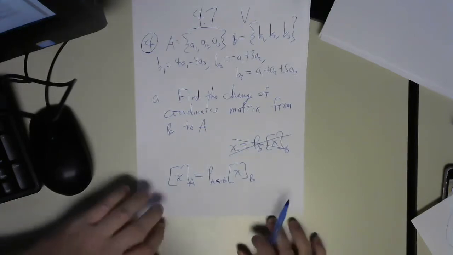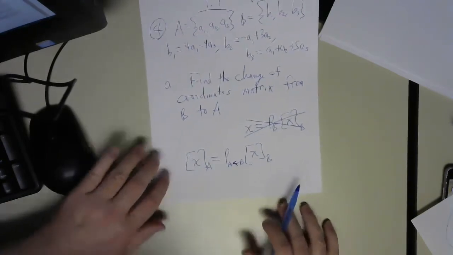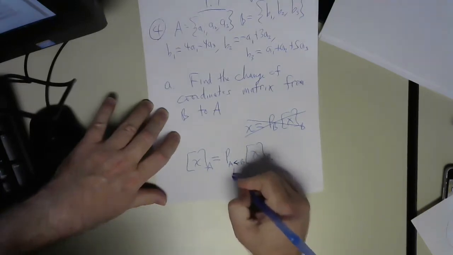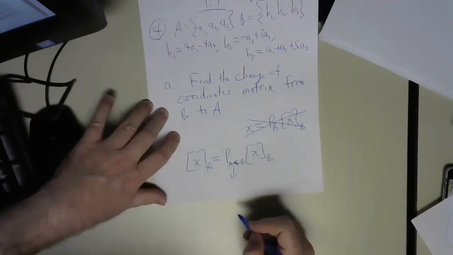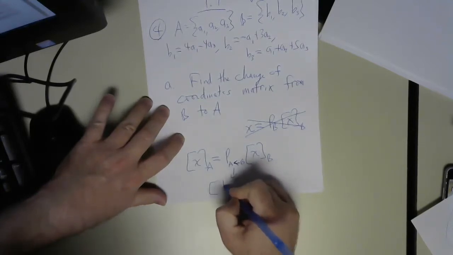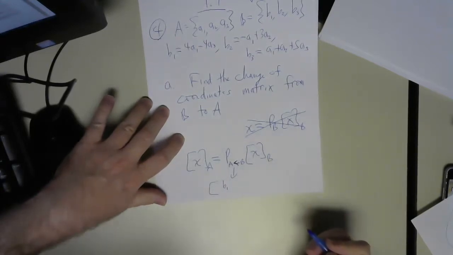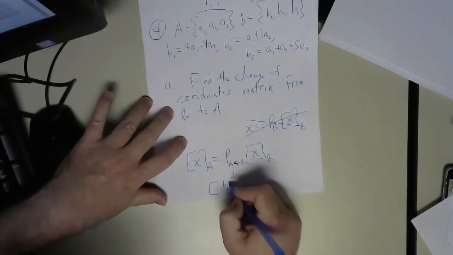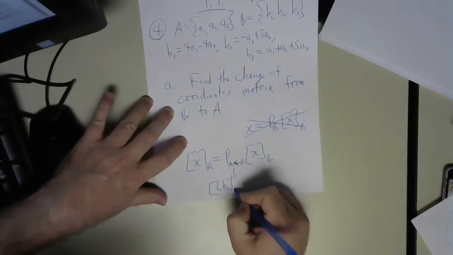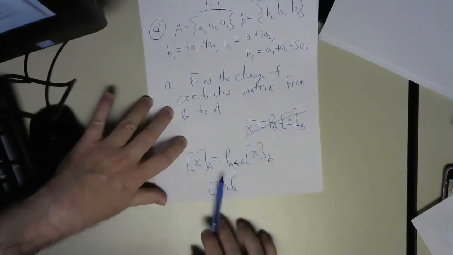Okay, but here basically is how you do it. How do you find this thing? Well, you can show, and you can kind of verify it for yourself if you like, that this matrix is of the following form. You basically just have to take all of the basis elements in B, and in this case it would be B1, B2, and B3, and just make the columns of that matrix the coordinate vectors with respect to basis A, or whichever basis you're going into.